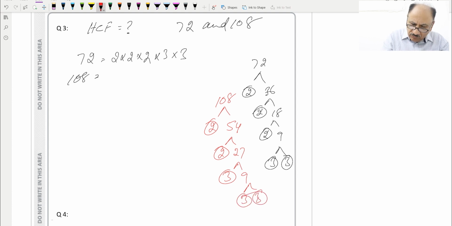So this will be 2 times 2, and 3 times 3, so 3 into 3 into 3. Then we have to make the pairs.